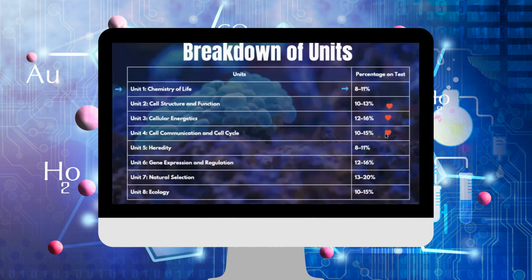So in the past, it's been probable that you could say unit 2, 3, and 4 are conjoined together, and the cell cycle oftentimes goes along the sides of mitosis, and then you can go into meiosis, and then Punnett squares when it comes to unit 5. So know that unit 4 and unit 5 might be branched together as well.